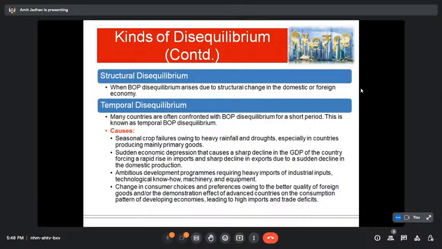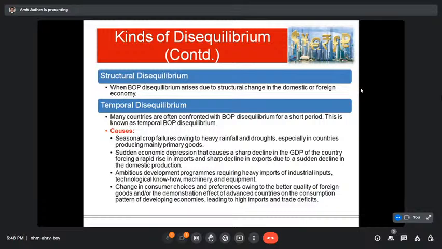So we try to discuss some causes. Why are such disequilibria created? First, we have seasonal crop failures. That is a temporary disequilibrium. Seasonal crop failures owing to heavy rainfall or drought affect especially the countries producing mainly primary products.